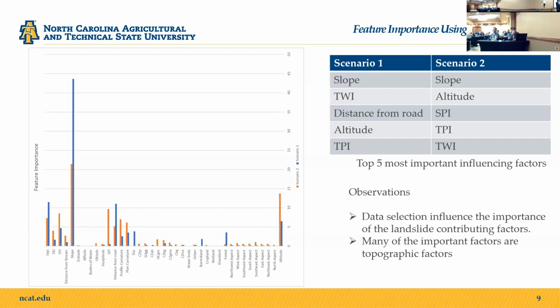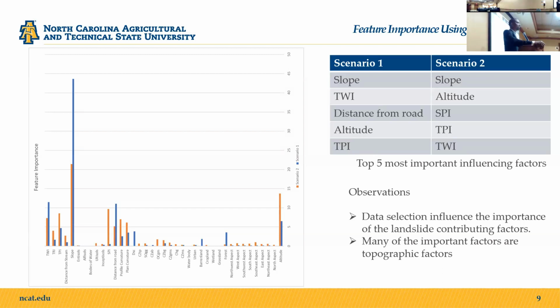For scenario 1, this is why data selection is important, because data selection has an impact on the model. For scenario 1, the top 5 are slope, topographic wetness index, distance from road, altitude, and topographic position index. But for scenario 2, we have slope, altitude, stream power index, topographic position index, and topographic wetness index.